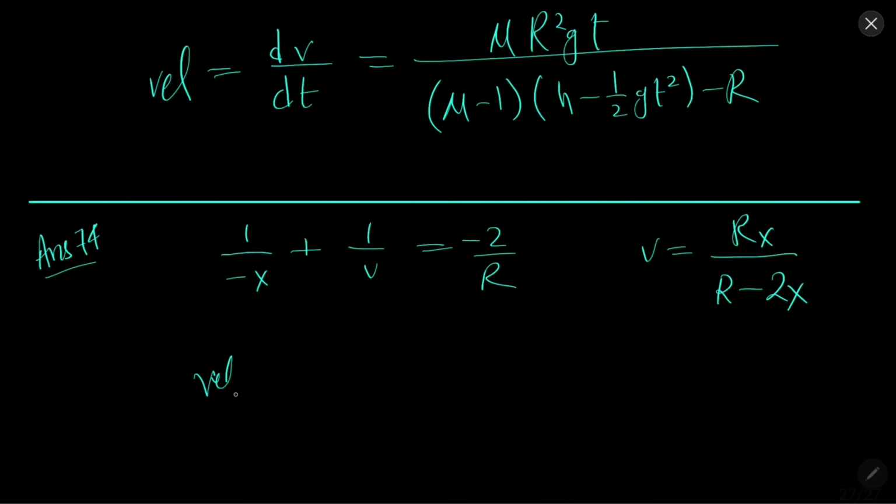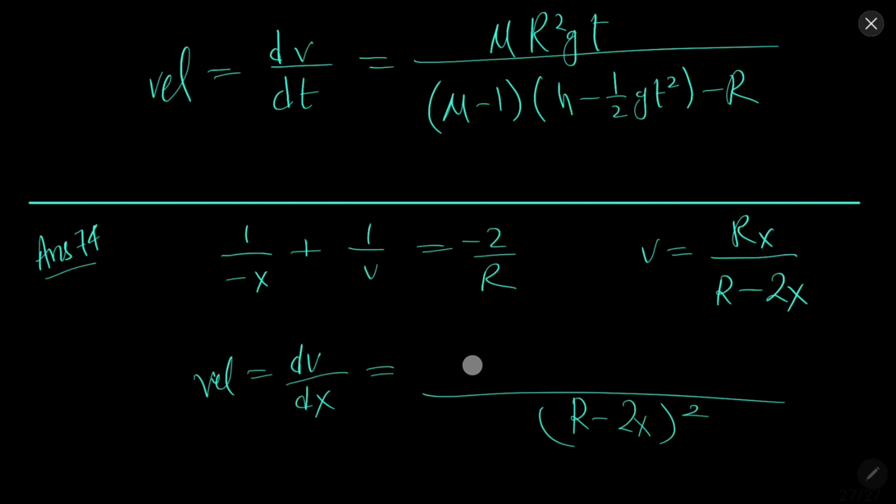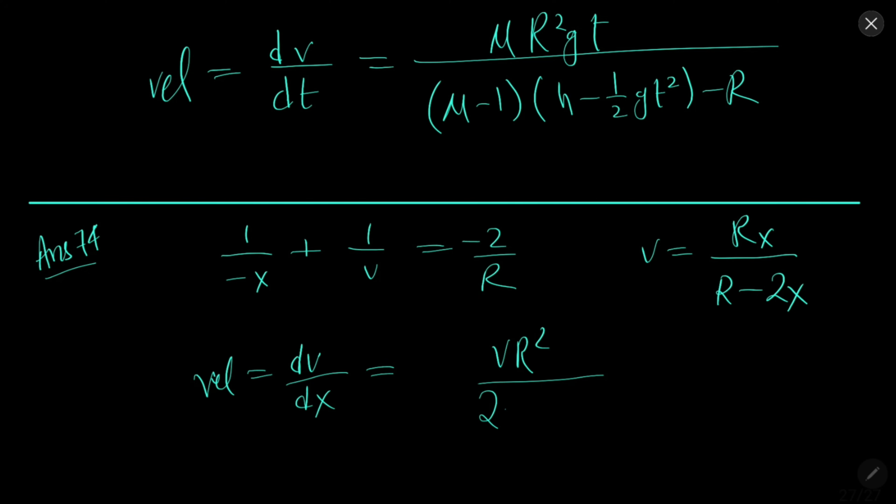Velocity will be dv by dx, which will come out to be Vr minus 2xv plus 2xv over r minus 2x whole square. So all in all, what you will get is Vr square over 2x minus r whole square.